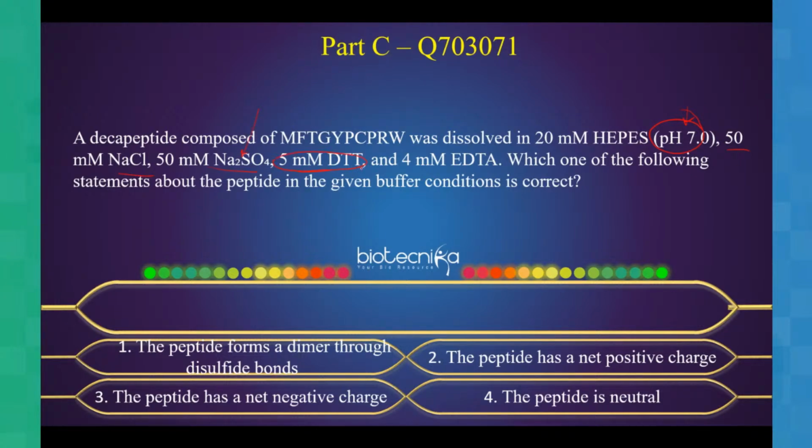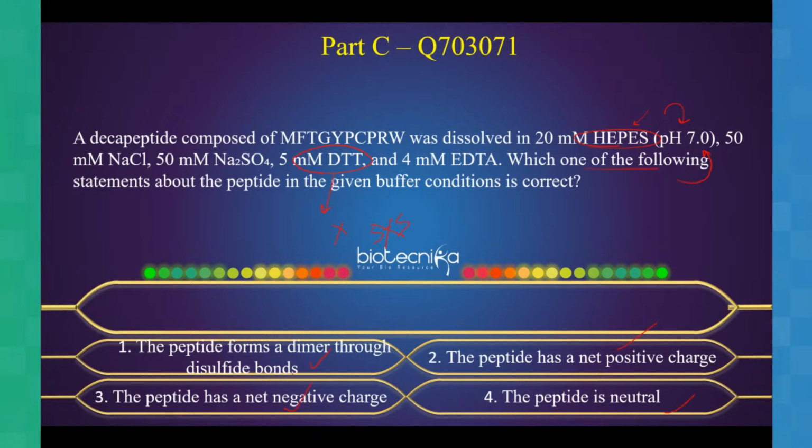Then 5 millimolar DTT, dithiothreitol. You must know that it breaks disulfide linkages, and EDTA again. So basically the question is all about the disulfide bonds being broken. If any disulfide linkages are there, those will be broken. And pH 7 means you have to calculate the charge at pH 7, because the question is about charge only.